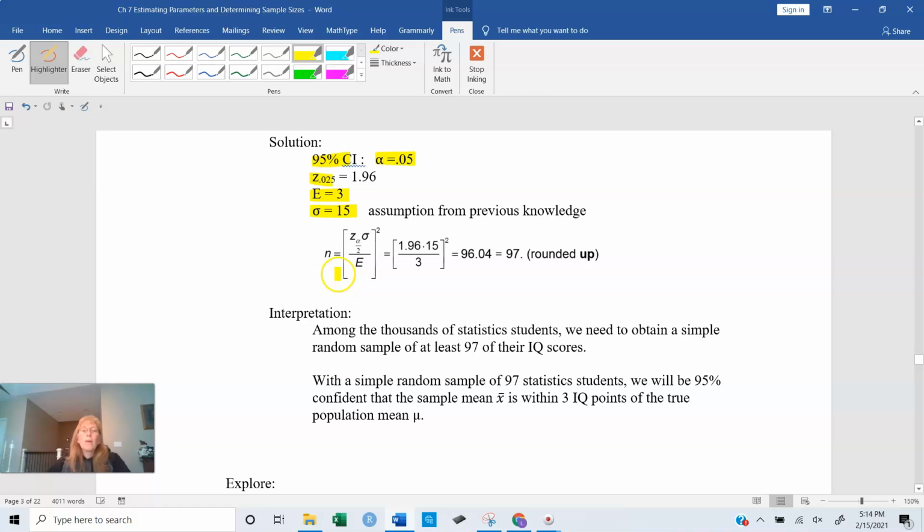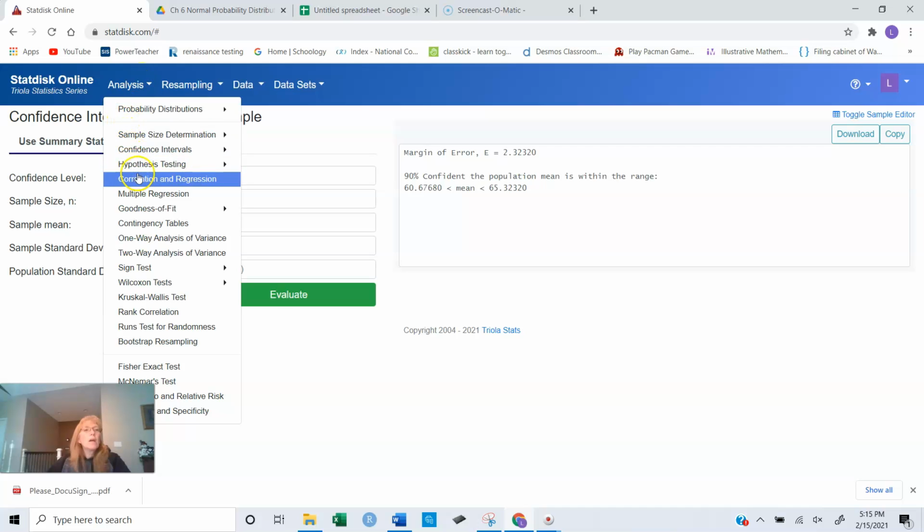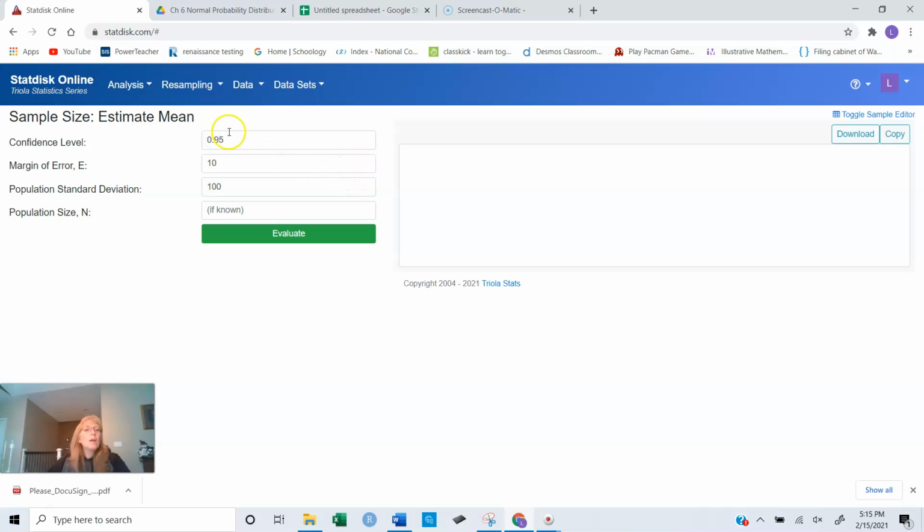So now when we go to find our sample size, like how many we need, we use our formula here, or we can use StatDisk. So let's go to StatDisk analysis. We want to do sample size of an estimated mean. We want a 95% confidence level.